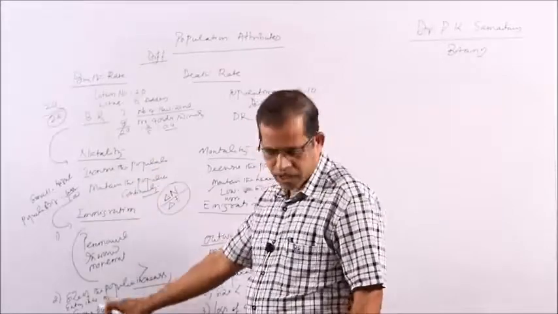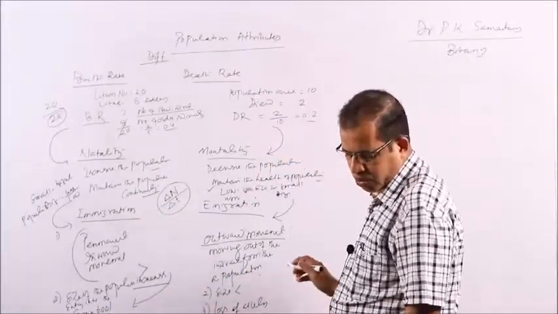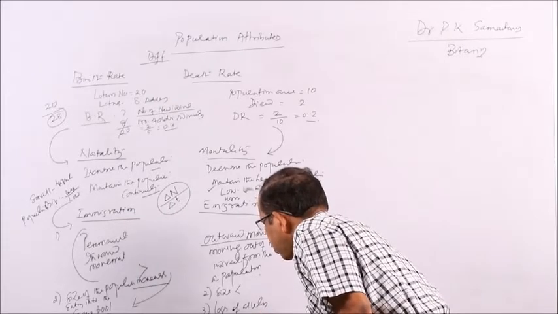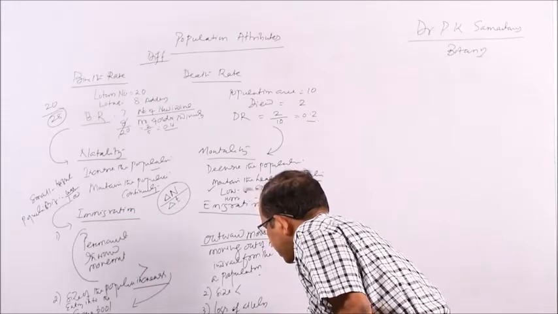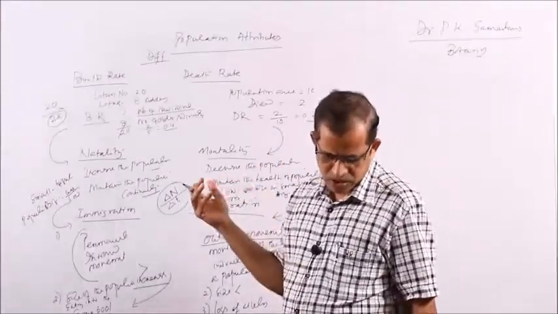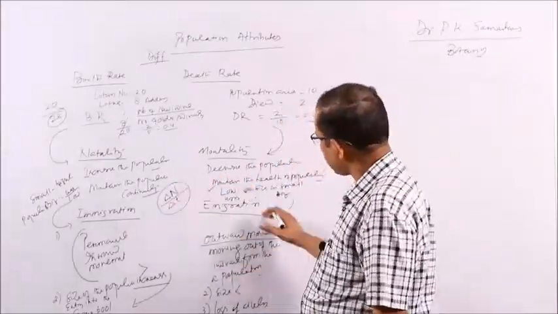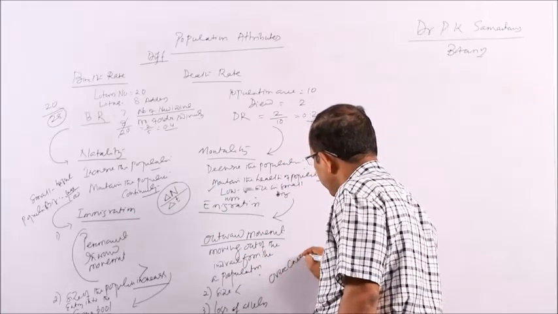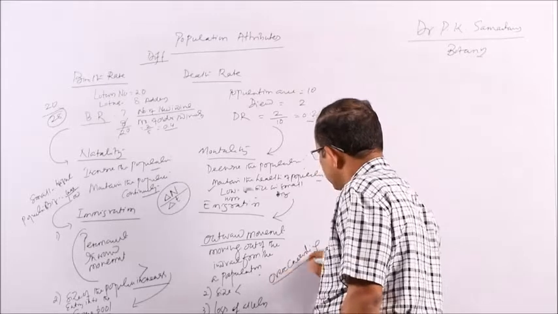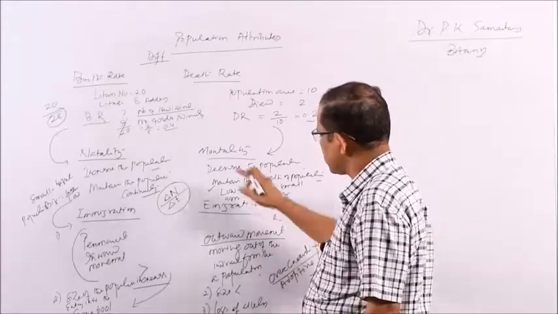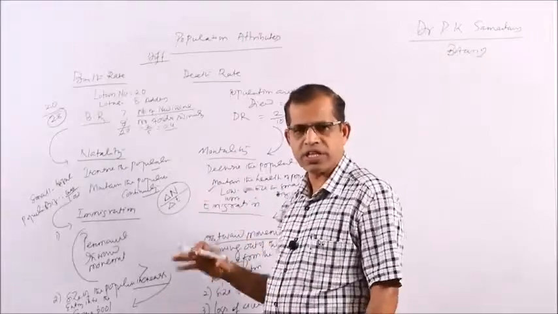Now, people are coming here. But due to deficiency or calamities, any natural calamities happening, the people will move from one place to another. Also when there is overcrowding, for adaptive reasons people move from this place. That is called emigration.